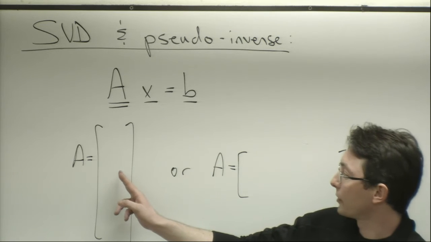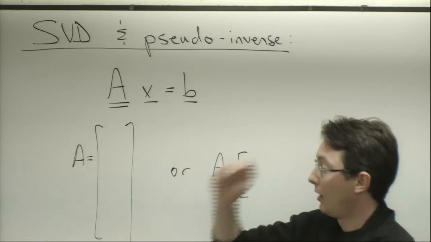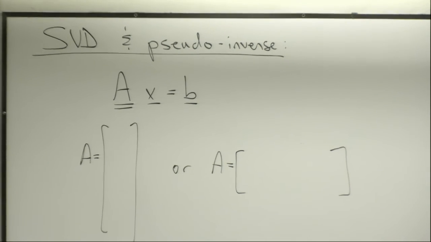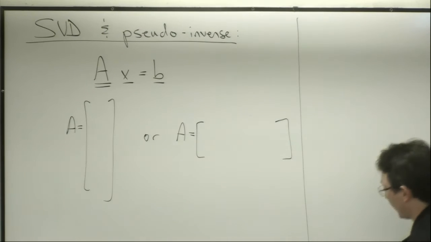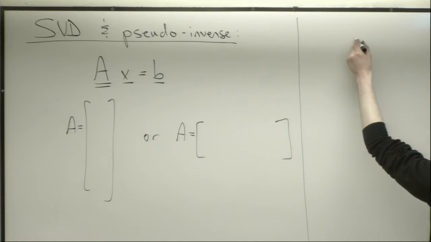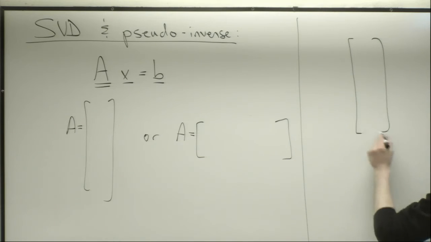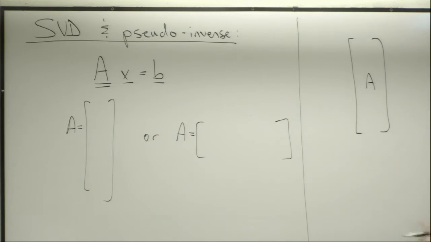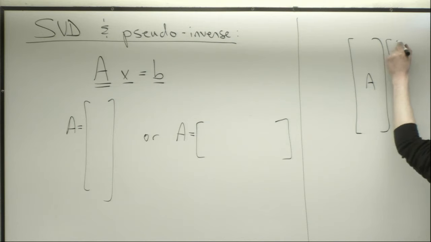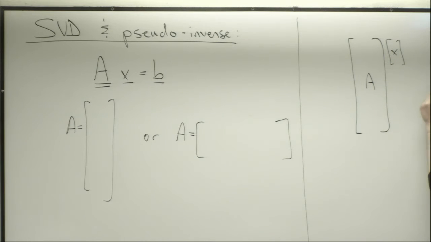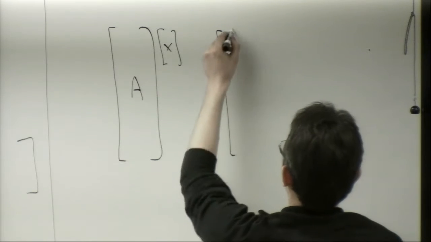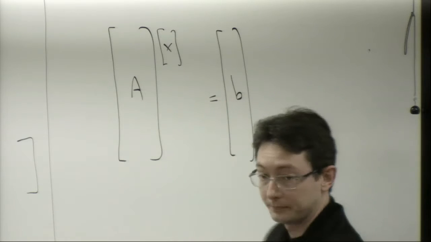So let's take the first example where I have, I like drawing these with actual shapes because it helps me think about what's happening. So let's say that I have a tall, skinny A matrix, which means that my X vector has to be small. It has to be the width of A. So X is kind of a short vector of unknowns. And this equals a really, really tall vector of measurements B.